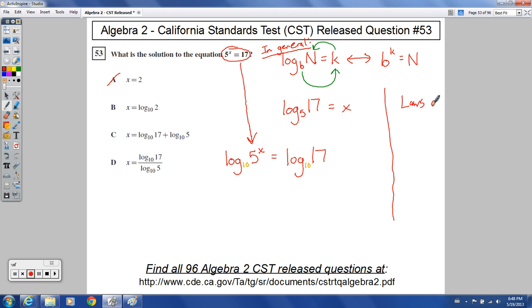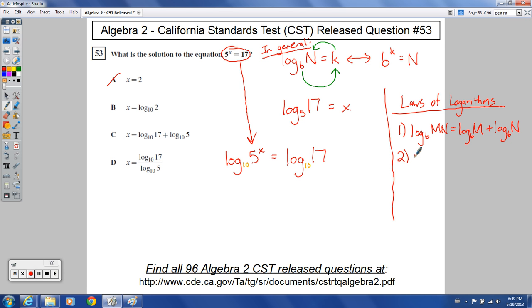In general, we have some laws of logarithms that help us determine how to solve this problem. So, the laws of logarithms, what are they? There are 3, and one of them will be used here, potentially more than one. If you take a log with any base, and you have two numbers multiplied together, we'll call them m and n, this is the same as the log of that same base of one number plus the log of the same base of the other number.